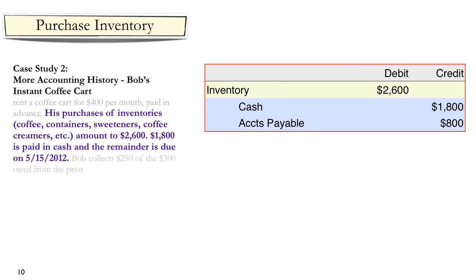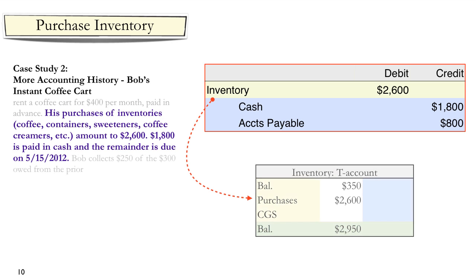We journalize the transaction with a debit to inventory, $2,600, credit to cash, and credit to accounts payable to recognize the amount that will be paid later. We can then look at the inventory T account, where we start with the beginning balance, add the purchases, and as you can see, $2,950 is the current balance in the account.